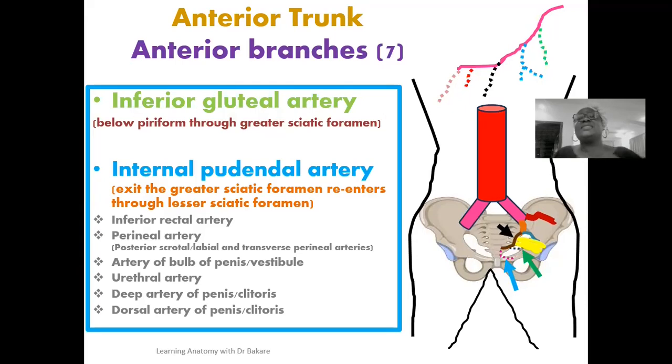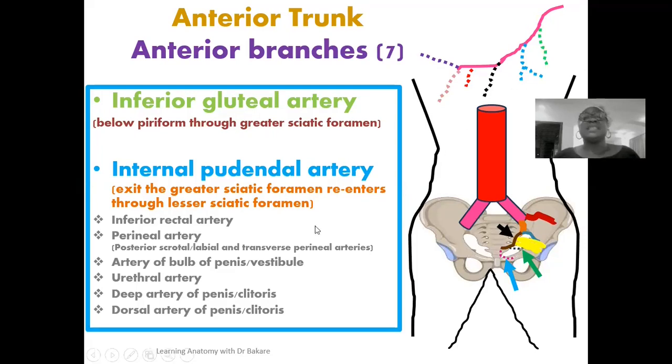Then finally, you see it terminating to supply the posterior region of the penis or clitoris, and this is where we have the emergence of the dorsal artery of the penis or the dorsal artery of the clitoris. You see that as the internal pudendal artery moves forward, it gives off branches to supply organs or structures located along its path.